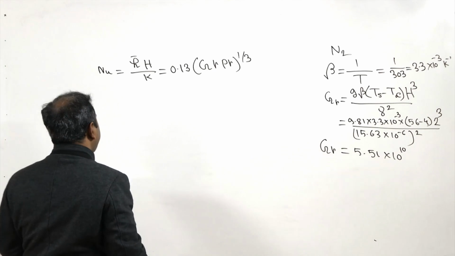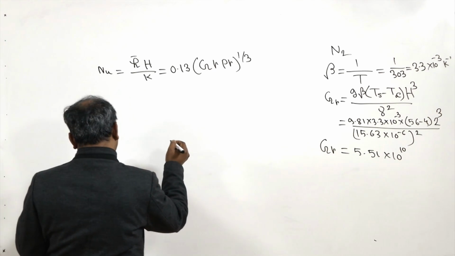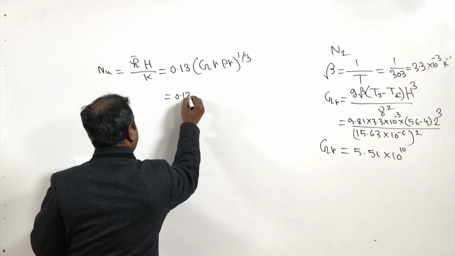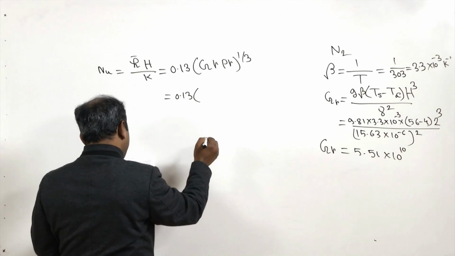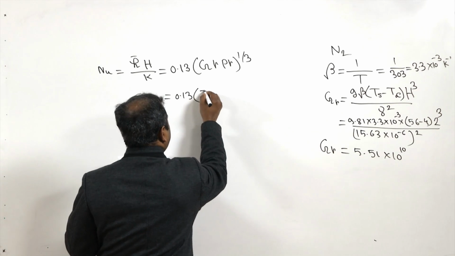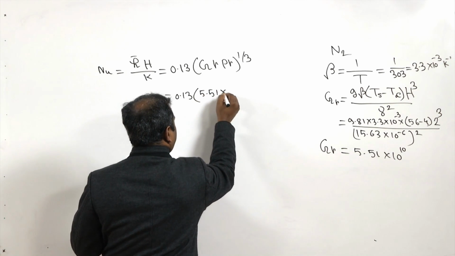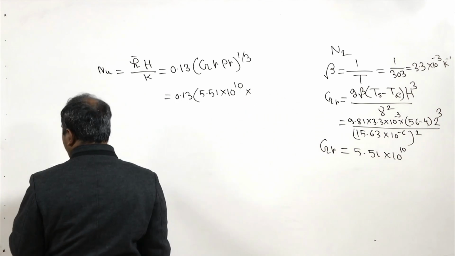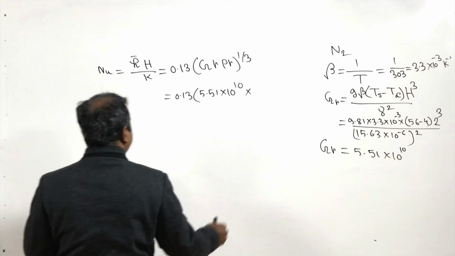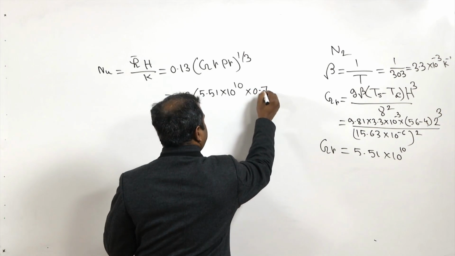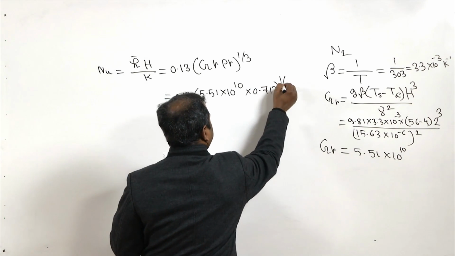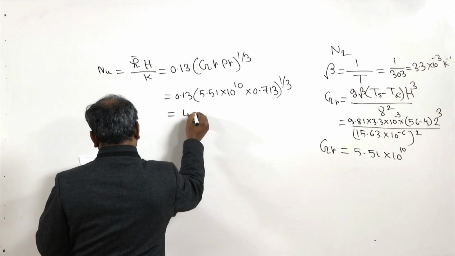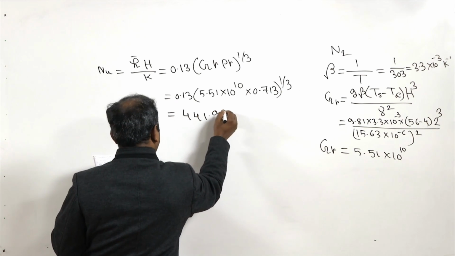If you use these values of Grashof and Prandtl, it comes out to be 0.13 into the Grashof number we have got, 5.51 into 10 to the power 10, into the Prandtl number given in the problem, 0.713, to the power 1/3. So, ultimately you get the Nusselt number as 441.934.